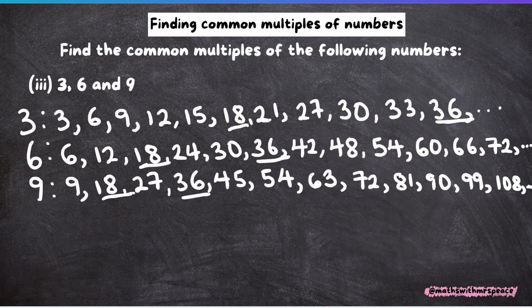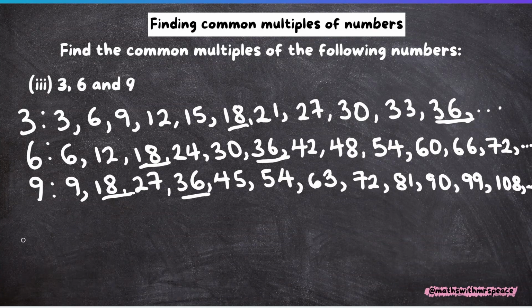So that's as much as we can get for these 3 numbers from the list of multiples that we have. Of course, you know that if we continue to list more multiples, we are definitely going to arrive at more common multiples. So let's go ahead and do a summary here.